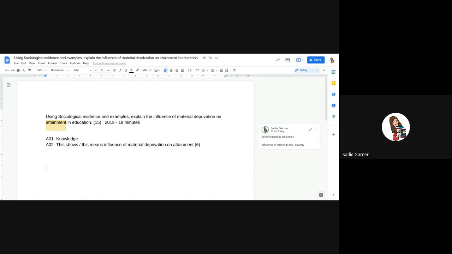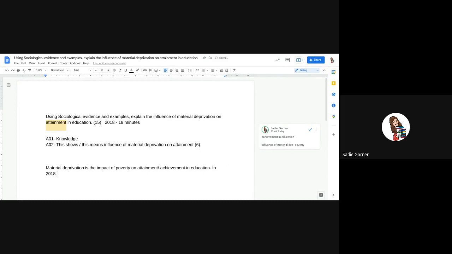So the first thing I'm going to do is note that material deprivation is the impact of poverty on attainment or achievement in education.